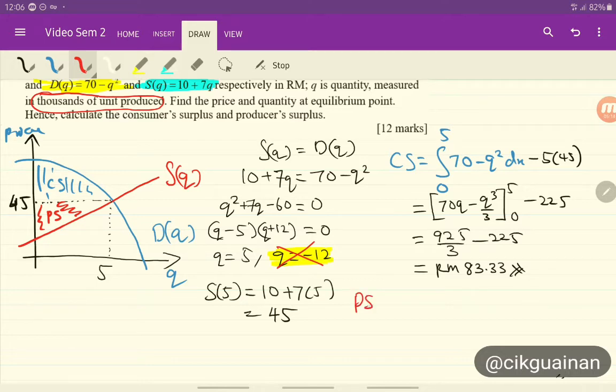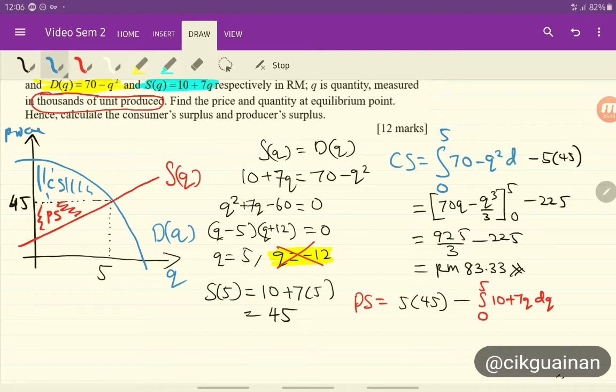Maybe PS fits over here. PS equals, remember we need to multiply the box first and then we minus. Minus the integral from 0 to 5 of the function, which is 10 plus 7Q, with respect to Q. Oh, I made a mistake over here.